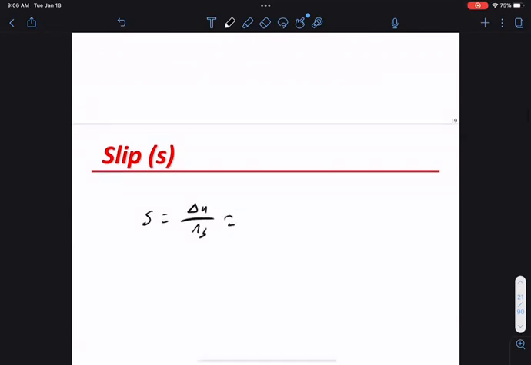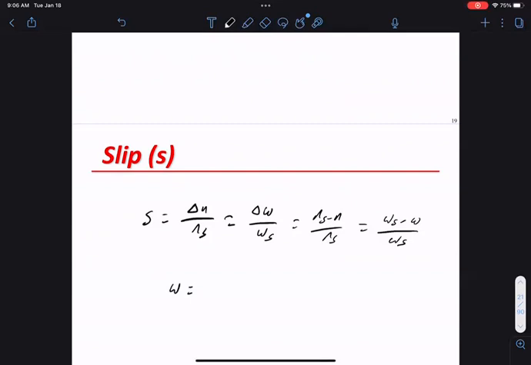There are many definitions, and they are all equivalent. You can do this in radians per second if you want. All these are equivalent definitions for slip. They're the same equation.